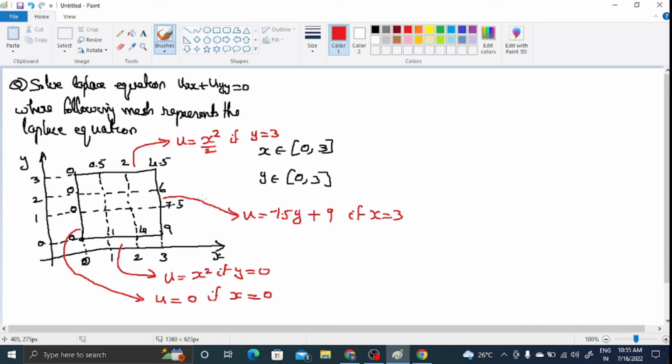What I am trying to say is, I have given a pictorial representation of the function. In some situations, instead of the pictorial representation, they will not give this picture.